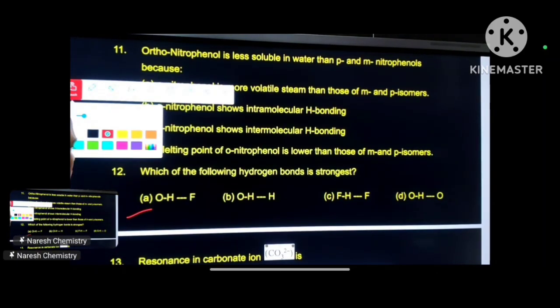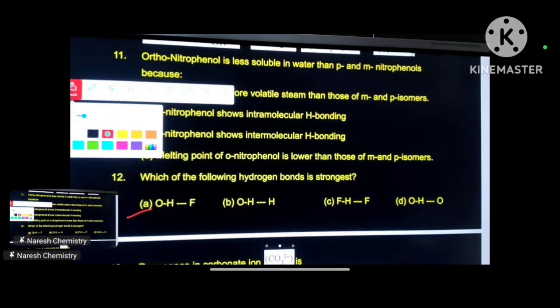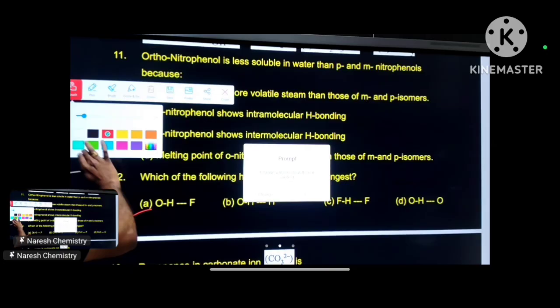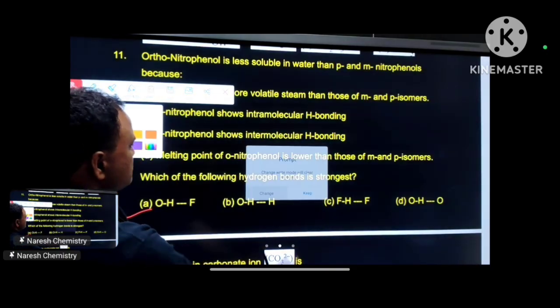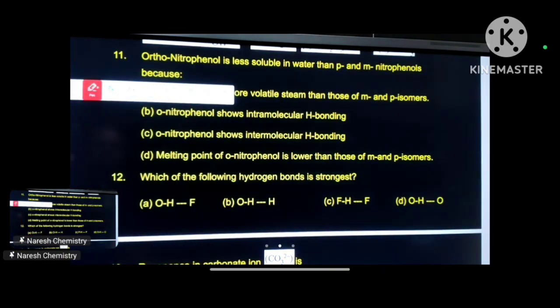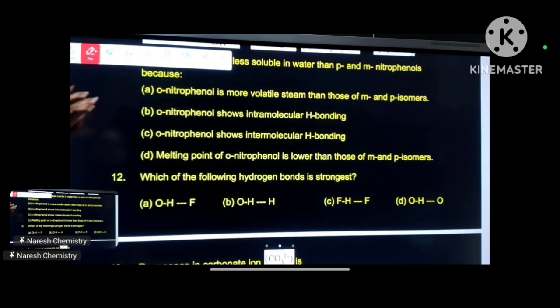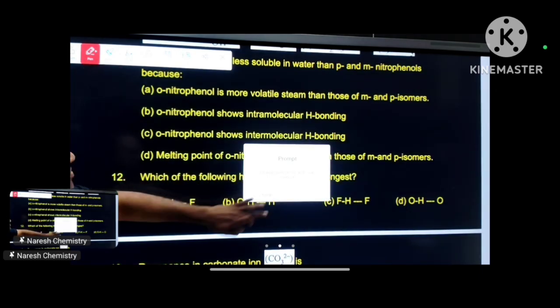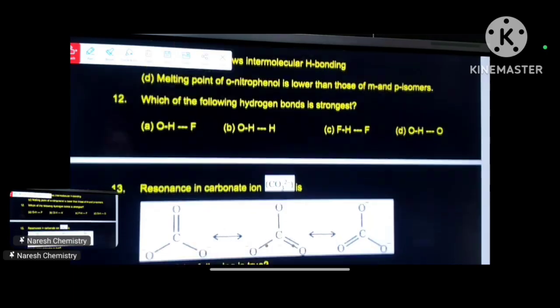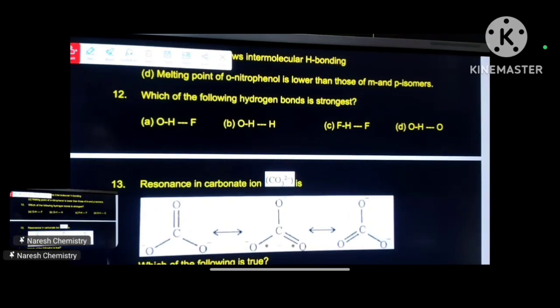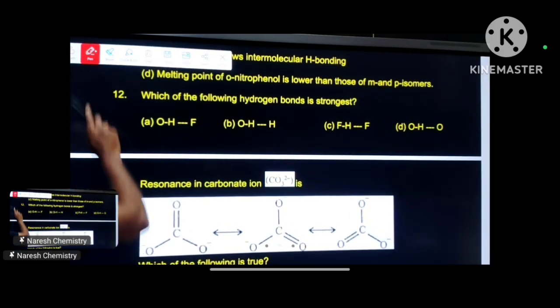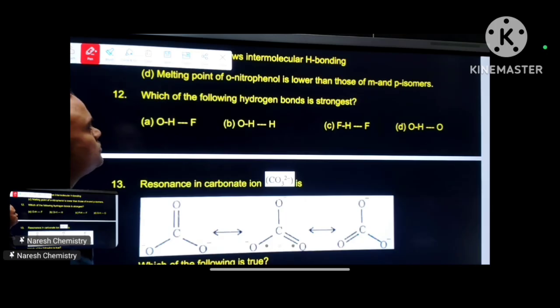The 12th question. Which of the following hydrogen bonding is strongest?